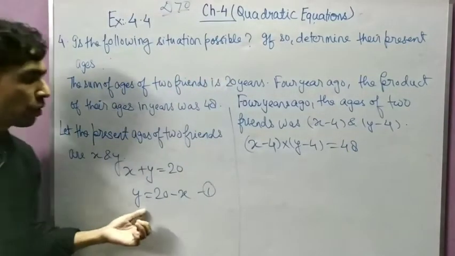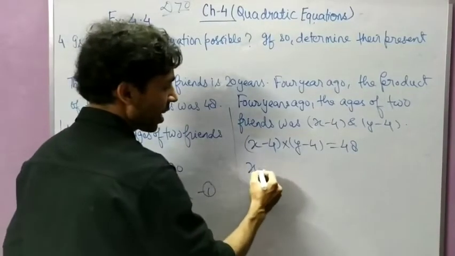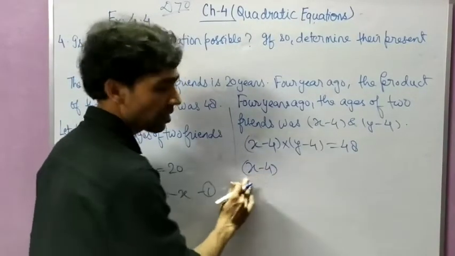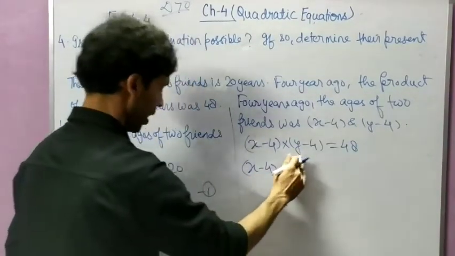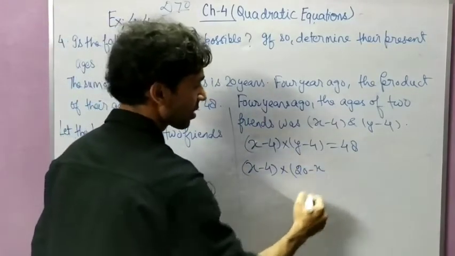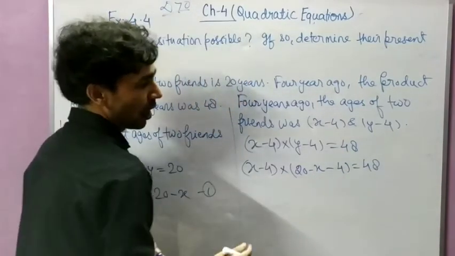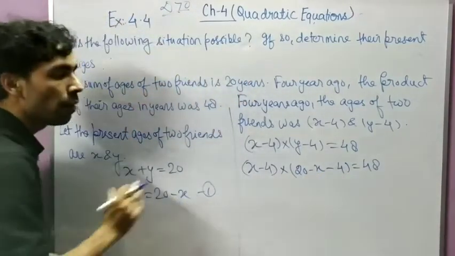Now from equation number 1 I can put the value of y. So it is x minus 4, and in place of y I can write 20 minus x, minus 4, equal to 48. This we have done from equation number 1.